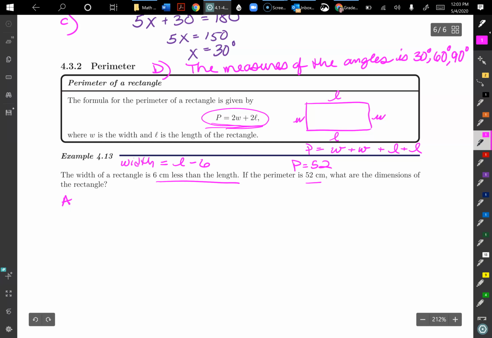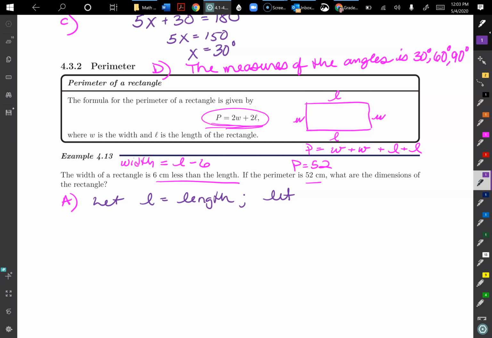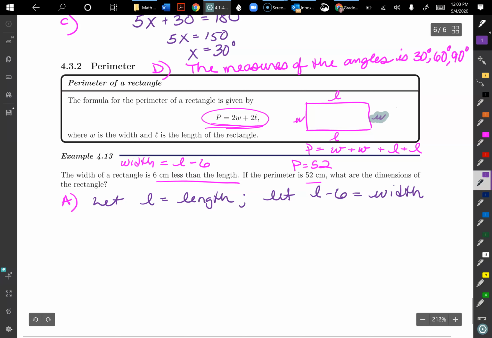Okay, so here for part A, I'm going to write that let L equal the length, and then let L minus 6 equal the width. All right, so I'm going to write it like that. Then I know from my picture up here that this width is L minus 6.